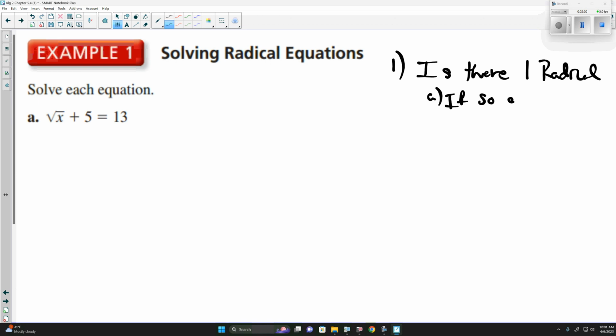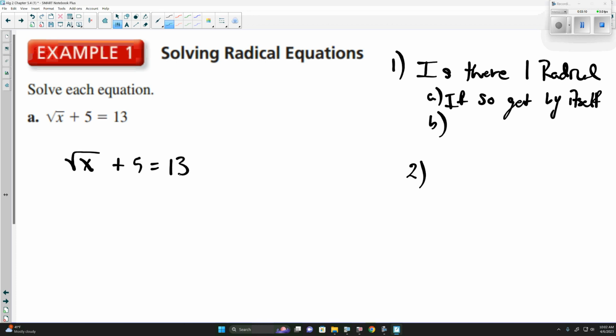If so, get it by itself. So we have one radical here. We want to get it by itself.